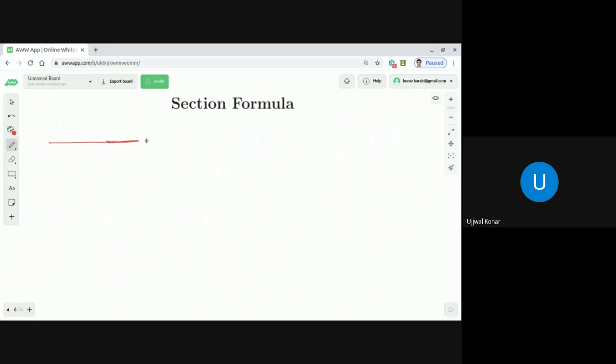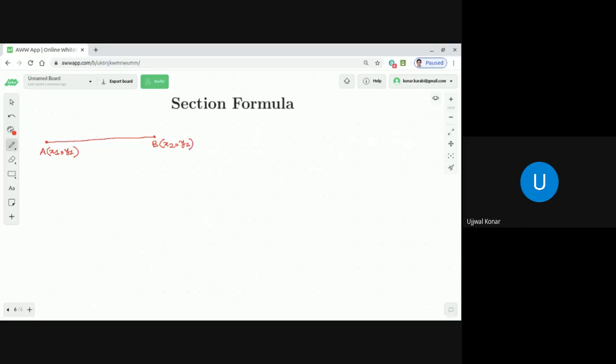Let me draw it properly. This is a line segment. One end of the line segment is the point A having coordinates x1 comma y1, and the other point is point B having coordinates x2 comma y2.